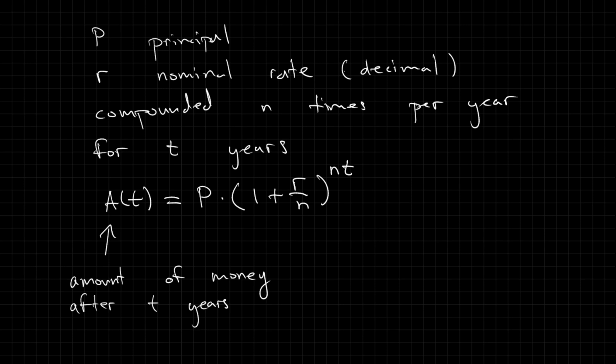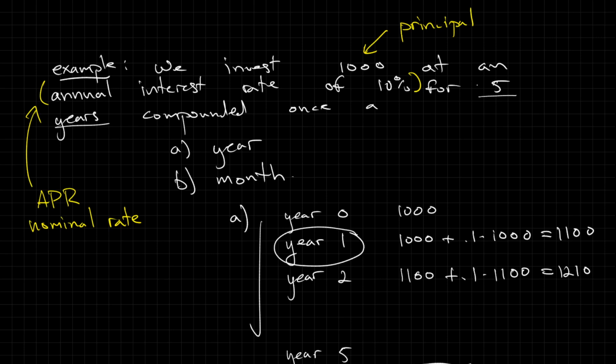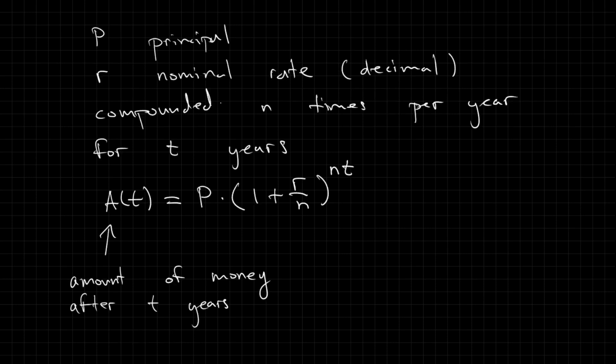Let's show how to use this in terms of the example that we had beforehand. So we invest $1,000 at an annual interest rate of 10% for 5 years, compounded. Let's skip the once a year and go straight to the once a month. So first, let's identify all of the symbols in our compound interest formula.